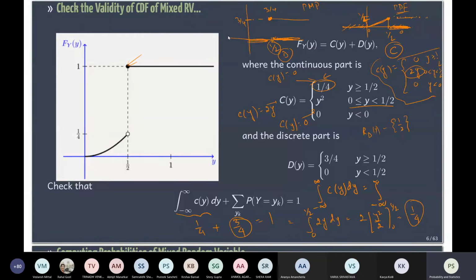Or is it? Yeah, we are talking about probability, not F_Y, okay? So the probability that Y equals 1/4.